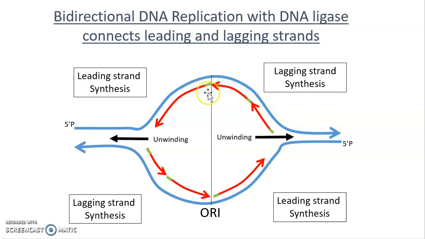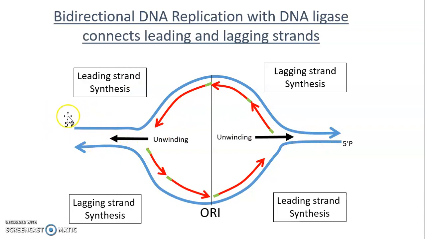And now your DNA polymerase 1 can come in, chop out your RNA primer, and go ahead and fill in the gap, and DNA ligase will attach these two pieces of that new strand of DNA. So effectively, your lagging strand runs into the leading strand, and then those two things are connected together with your DNA ligase. And it happens on both sides. And if you sit down and draw this out, think about what's going on in terms of the directions.